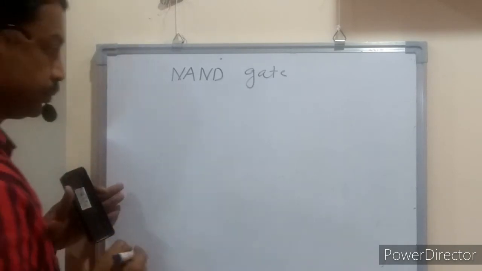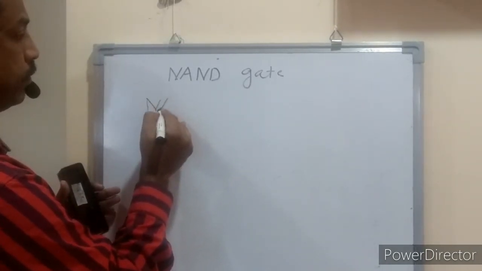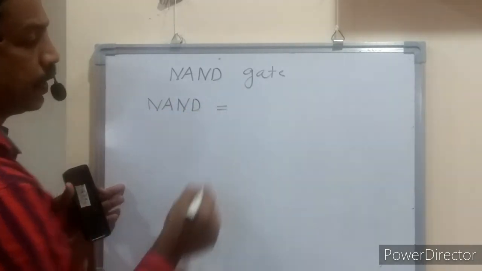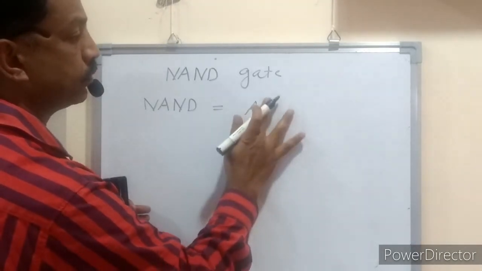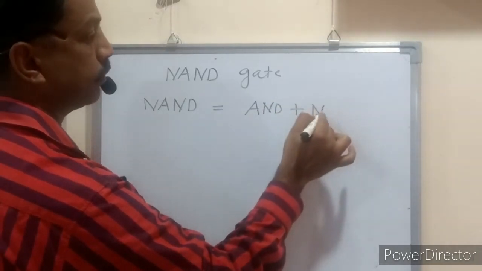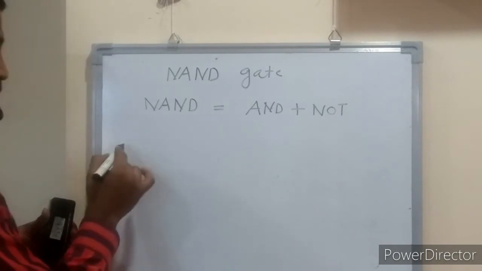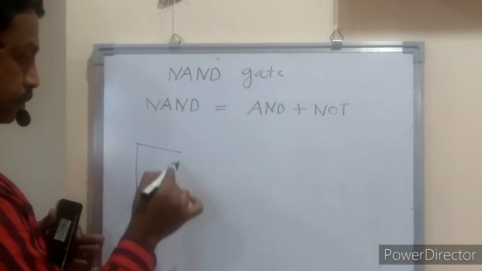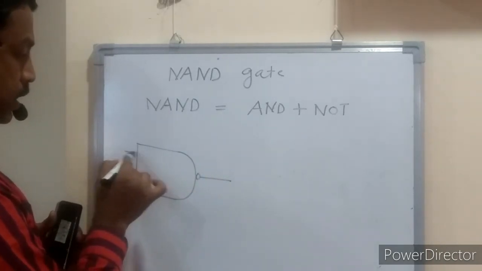NAND gate is nothing but AND gate plus NOT gate. Now this is NAND gate.